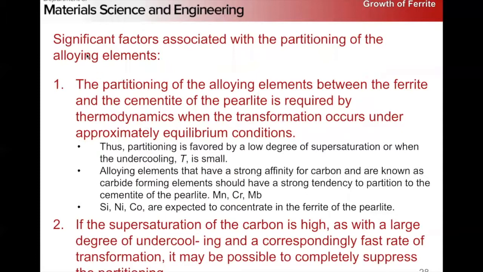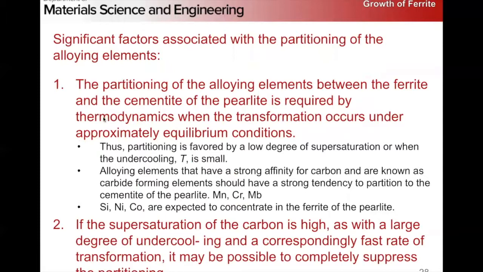So there are some significant factors which are important for understanding when this partitioning is going to occur. The partitioning of the alloying elements between the ferrite and the cementite, right? This is all thermodynamically driven, right?